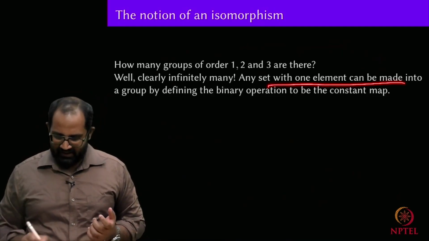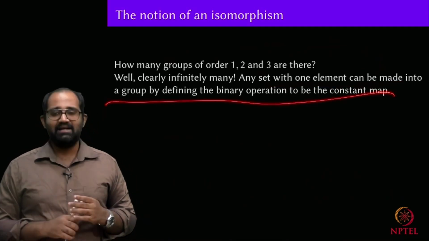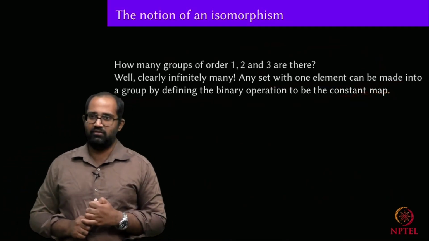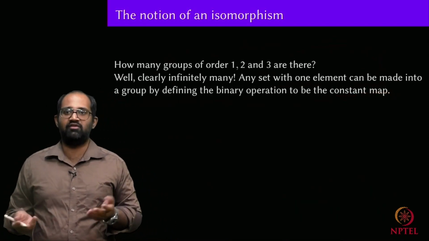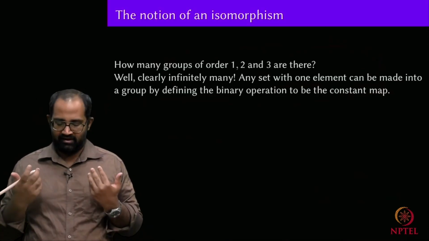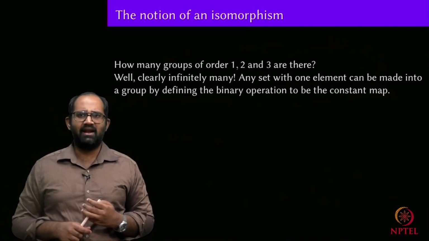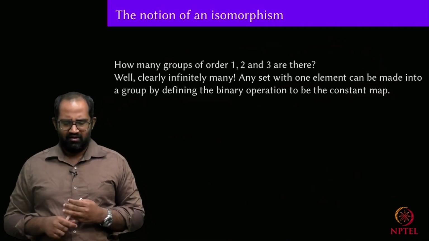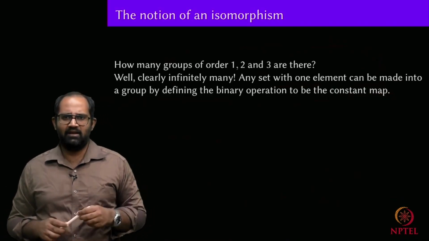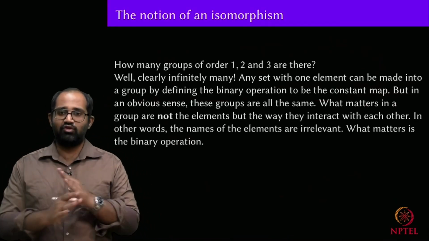Any set with one element can be made into a group by defining the binary operation to be the constant map. There is only one possibility, that A times A is just A. So, that means there are infinitely many groups which have exactly one element, but this is a bit silly. In an obvious sense, these groups are all the same.